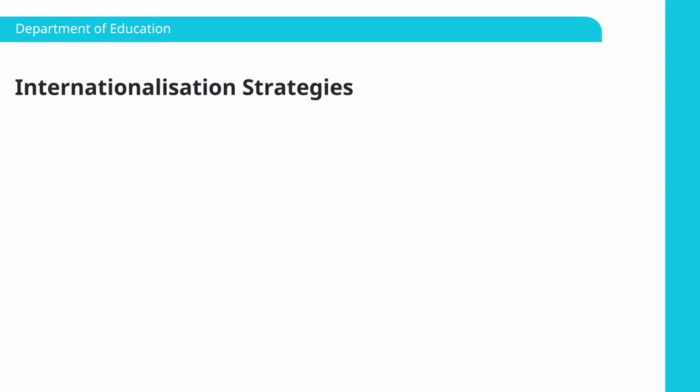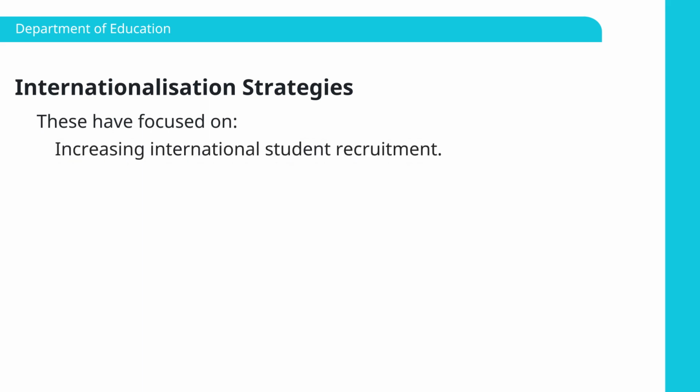Thinking about all that, given that there's so many definitions of internationalization, so many understandings, not only of what it is, but what it should be and how it should be approached, you can imagine that there's lots of different types of strategies around internationalization. So that kind of top one really that has been focused on, although we're questioning this, is the increasing international student recruitment.